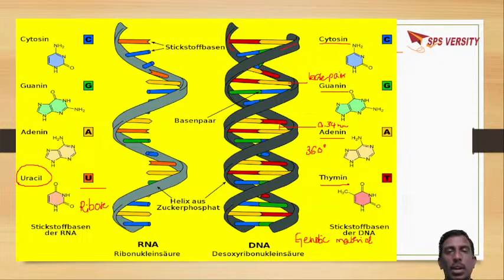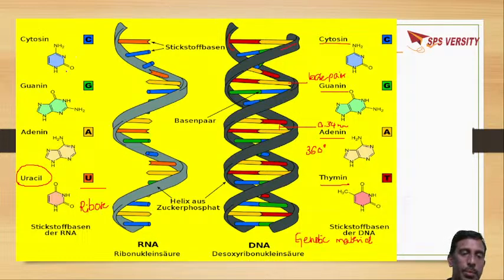So there are quite a few differences between DNA and RNA. DNA is double-stranded, whereas RNA is single-stranded. Most of the DNA is present in the nucleus and in a few cell organelles like chloroplast and mitochondria. It has the role of genetic material, whereas the role of RNA is the synthesis of proteins.